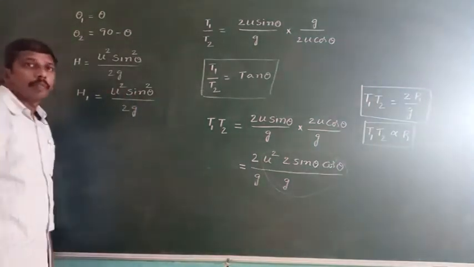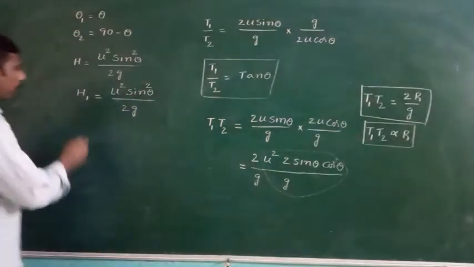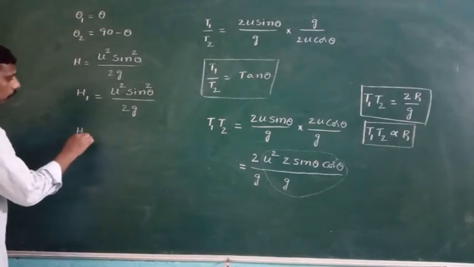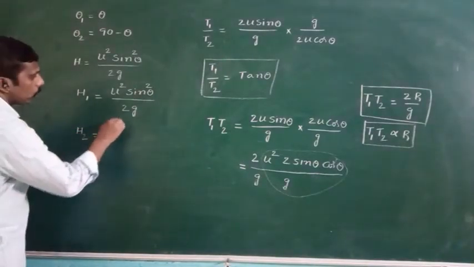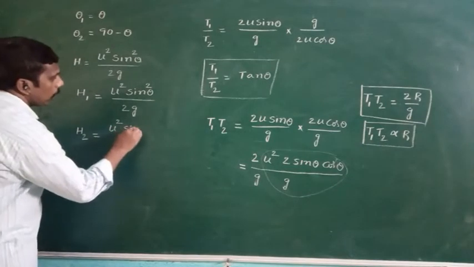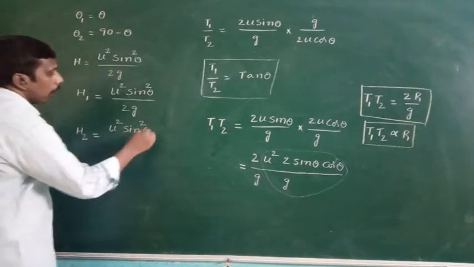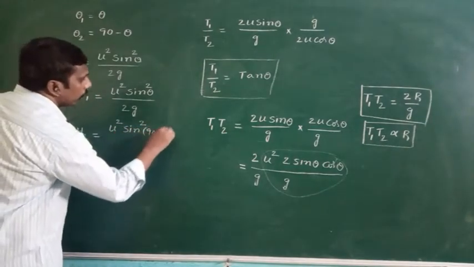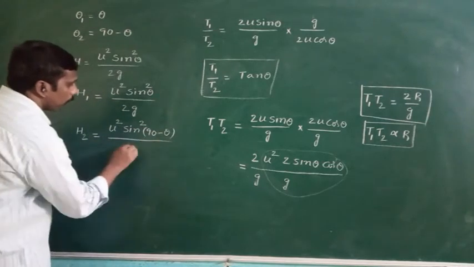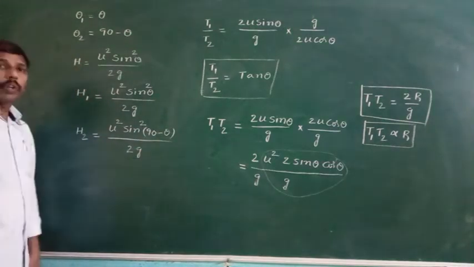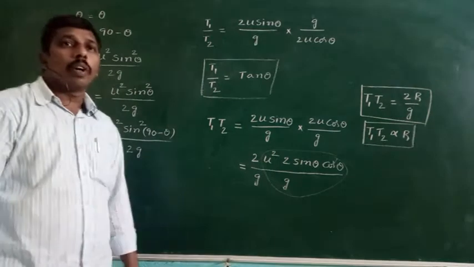For the second body, maximum height H2 is equal to u square sin square of (90 minus theta) divided by 2g. We know sin(90 minus theta) is equal to cos theta.